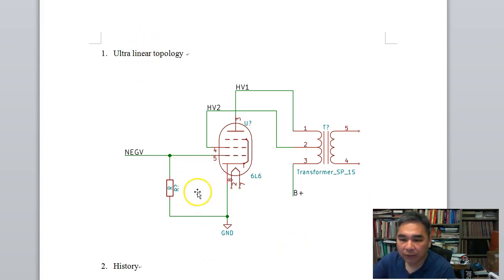In ultralinear topology, here I use a 6L6 as the output tube, and this is the output stage for an amplifier. There's an output transformer used, and the primary winding of the transformer has a separate winding for the screen electrode.